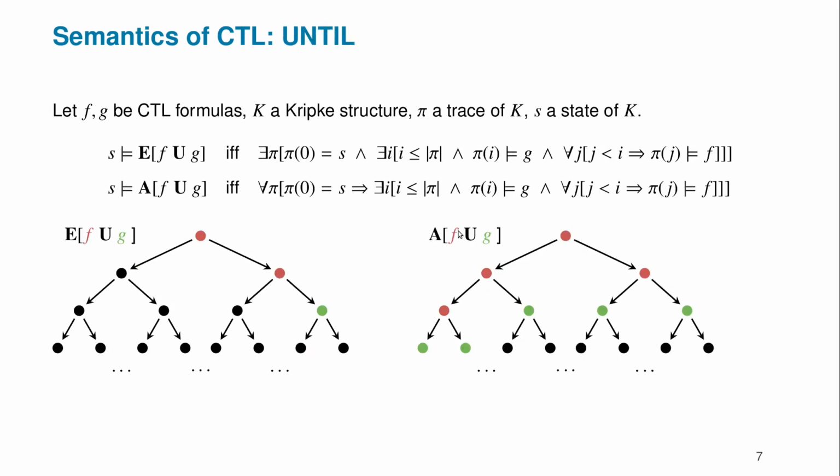Okay, and now the semantics of the until operator. The first variant is with the existential quantifier. EF until G, exists F until G, holds in a state S if there is a path, as before, which starts with S, and we find a position on this one path such that at some position this second formula G holds, and on all preceding states in the path, F holds.